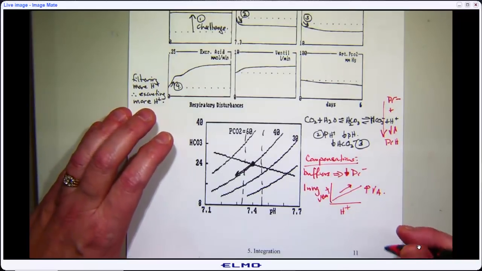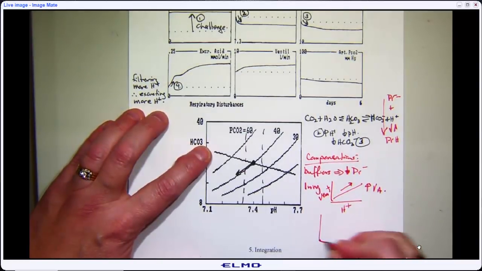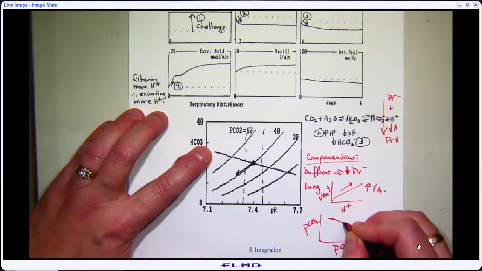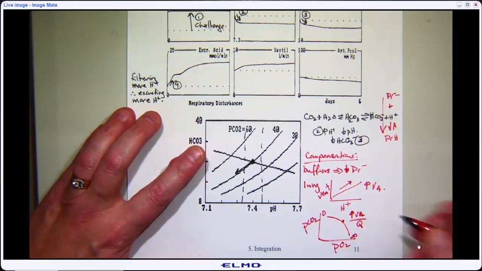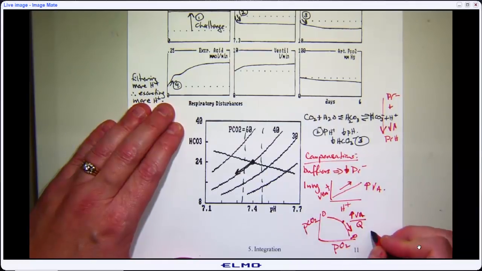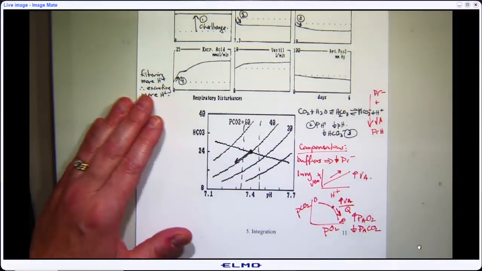Yep. V over Q. Cool. Increase VA over Q makes my ratio big, so we head in that direction. So we get an increase in PaO2 and a decrease in PaCO2. Okay. Brilliant.